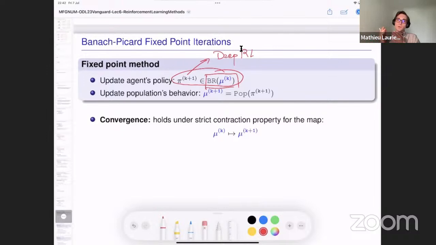When you study fictitious play in continuous space, continuous time, making the assumption you have a unique best response, there is no issue. But when you have multiple best responses, fictitious play is even more interesting than in the other case. So you need a combination of fictitious play and deep reinforcement learning, for instance, or at least, I don't know if you need it, but it is helpful in this situation.